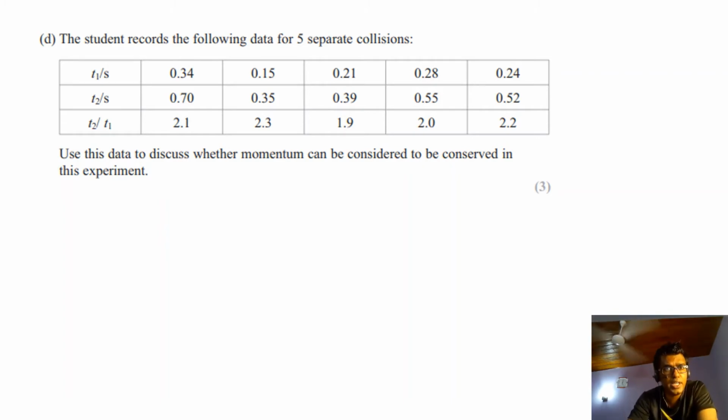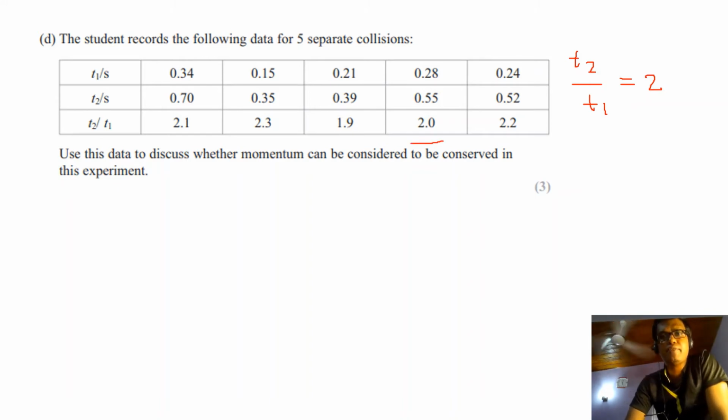Accordingly, the T2 over T1 ratio is 2.1, 2.3, 1.9, 2 and 2.2. So the ratios are different. Now what's the ratio we initially got between T2 and T1? It was 2. But there is only one instance where we get the same value, 2.